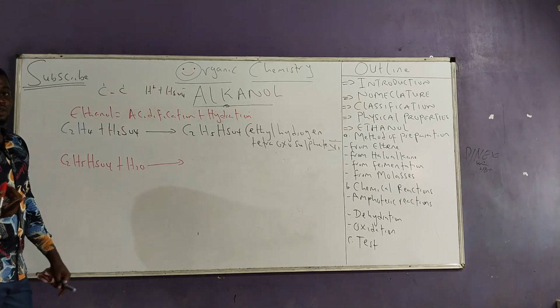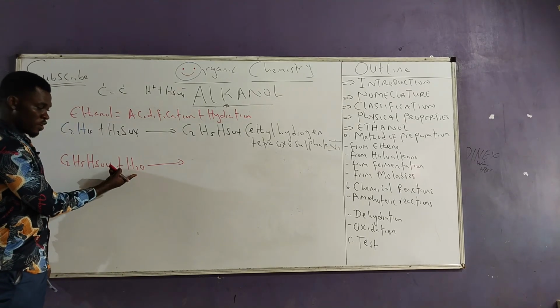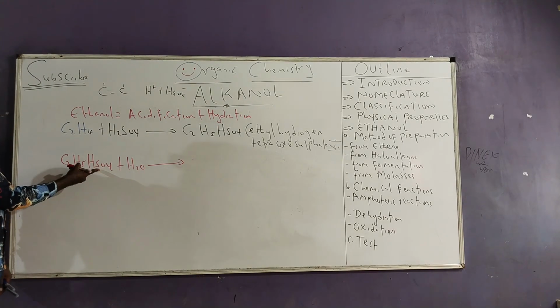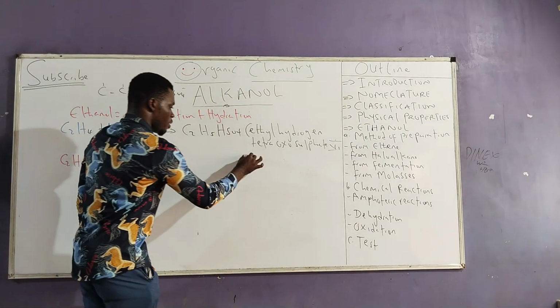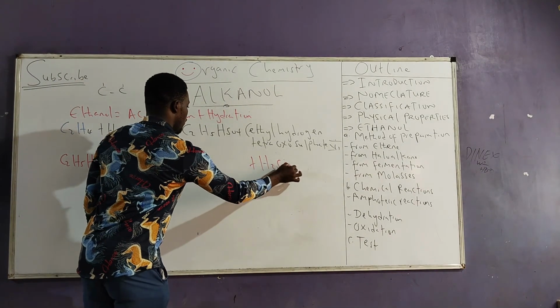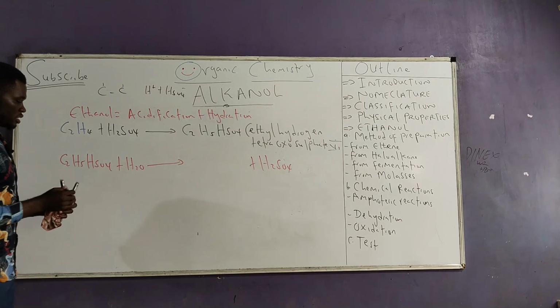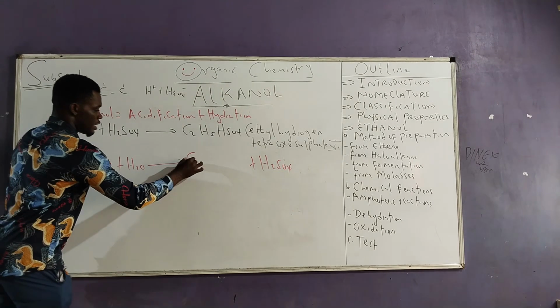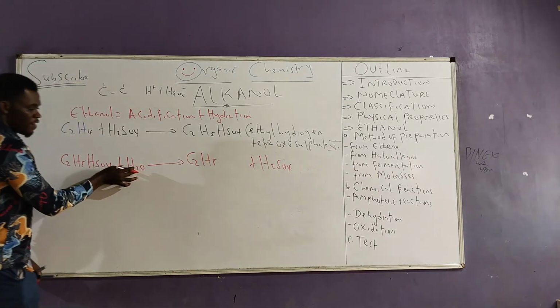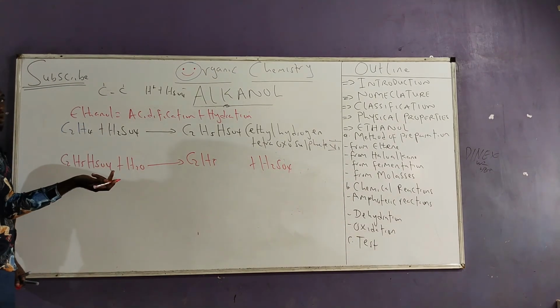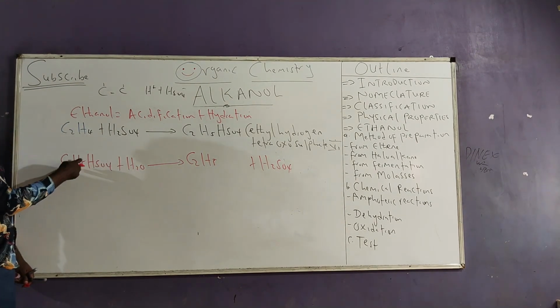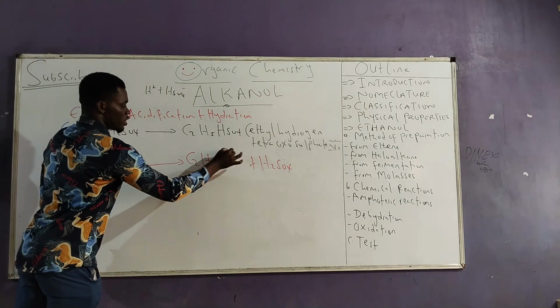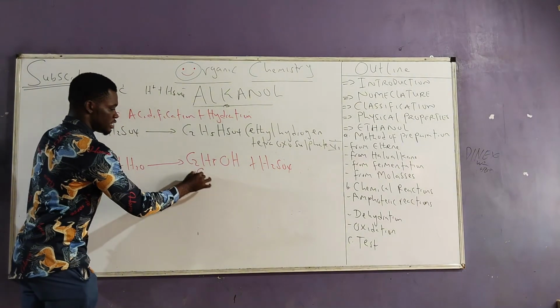So where do you think you take the hydrogen atom from? Take it from water, obviously. If water gives one hydrogen atom to this, I form H2SO4, which becomes complete. What will I be left with on this side? I'll be left with C2H5. If I remove one hydrogen from water, what will I be left with? OH. So add the OH to C2H5. This becomes C2H5OH. This is ethanol.